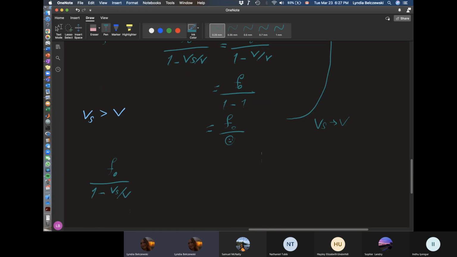And if this thing is greater than 1, that means your denominator is going to be negative. You'll have 1 minus something that's bigger than 1. So the frequency that you observe is going to be negative. It's going to be less than 0. And so a negative frequency is weird. It's weird to picture, weird to visualize.